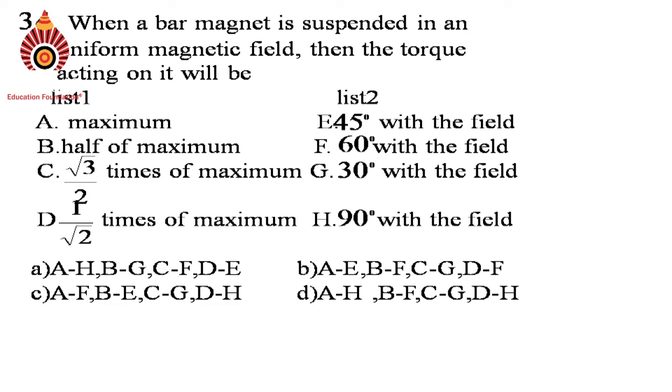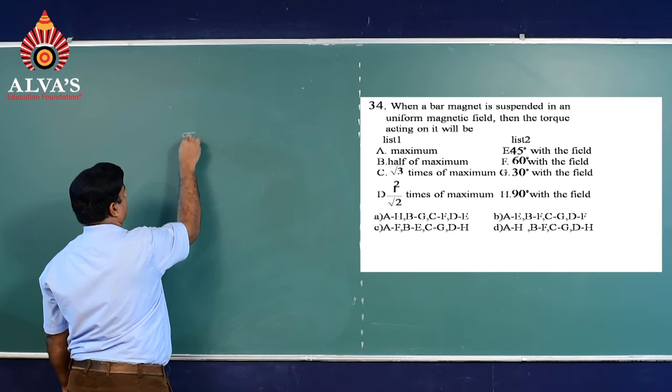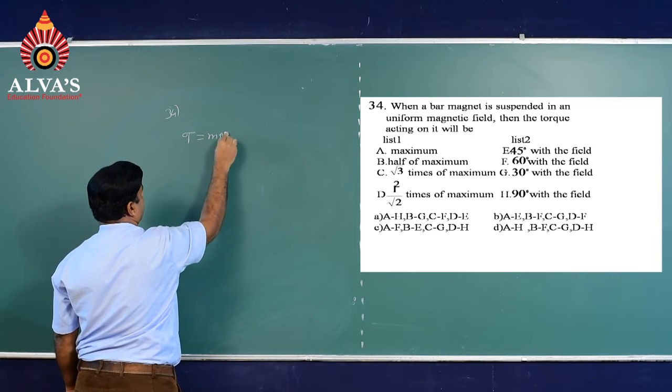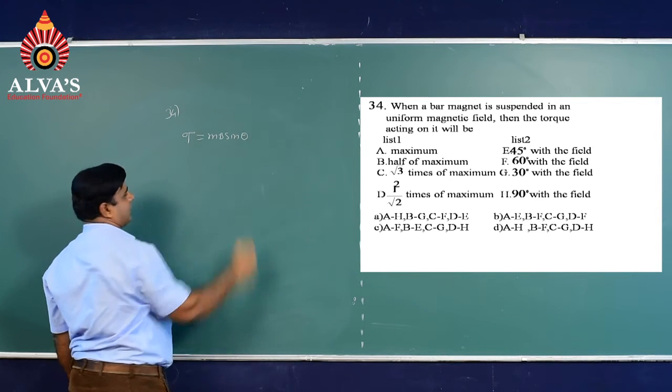When a bar magnet is suspended in a uniform magnetic field, then the torque acting on it will be... Two lists are given, you have to find the value of torque based on the angle theta. Torque acting is given by mB sin theta.